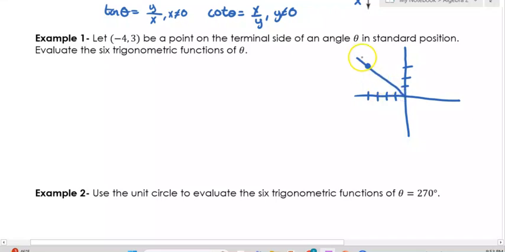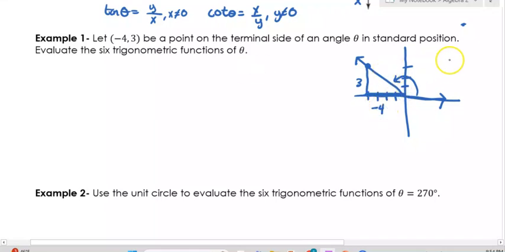If this is the terminal side, remember that in standard position, your initial side is over on the positive x-axis, and so it's going this way. This side right here would be 3, and this side right here of this triangle would be -4.